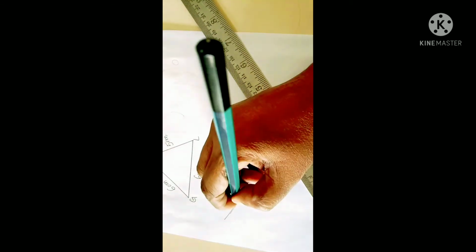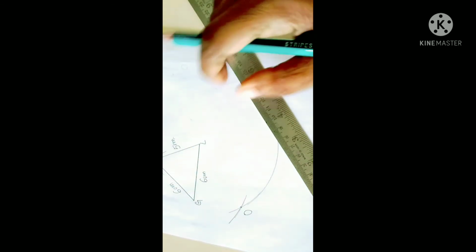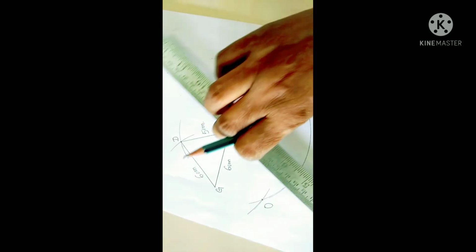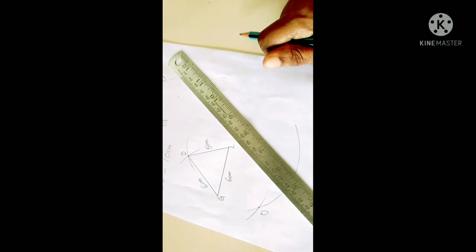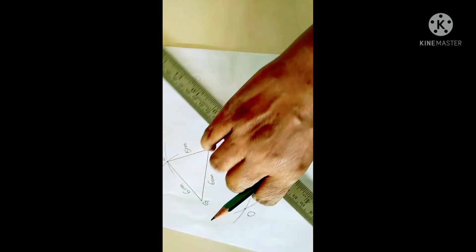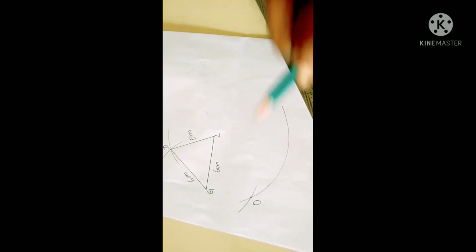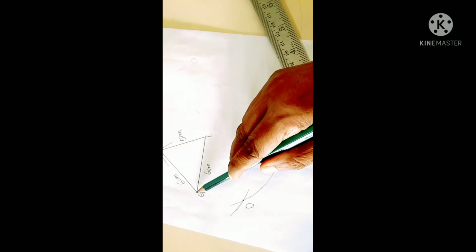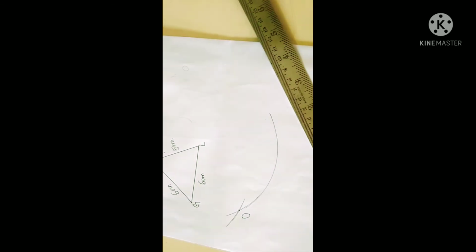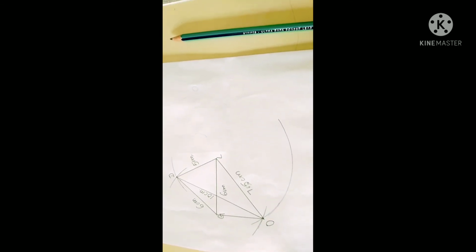After getting the point O, which is 10 centimeter away from D and 7.5 centimeter away from L, what we will do? We have to join them. We need to join G to O and O to L. I will show you. Now, you see, we have joined G to O and O to L.